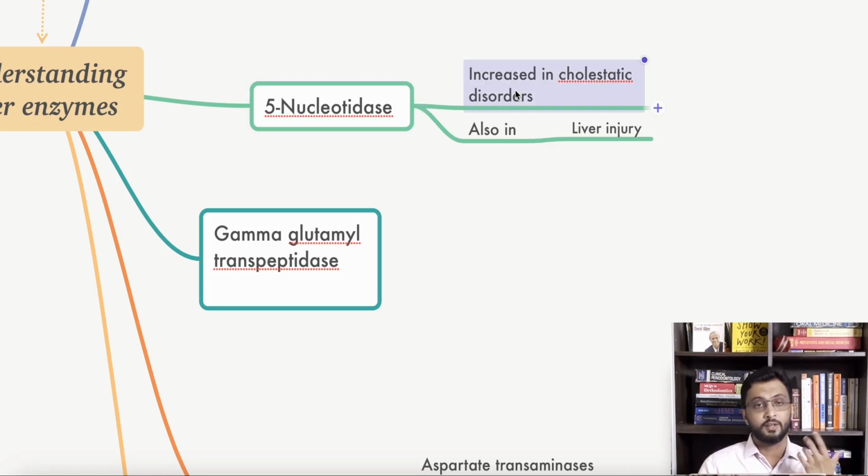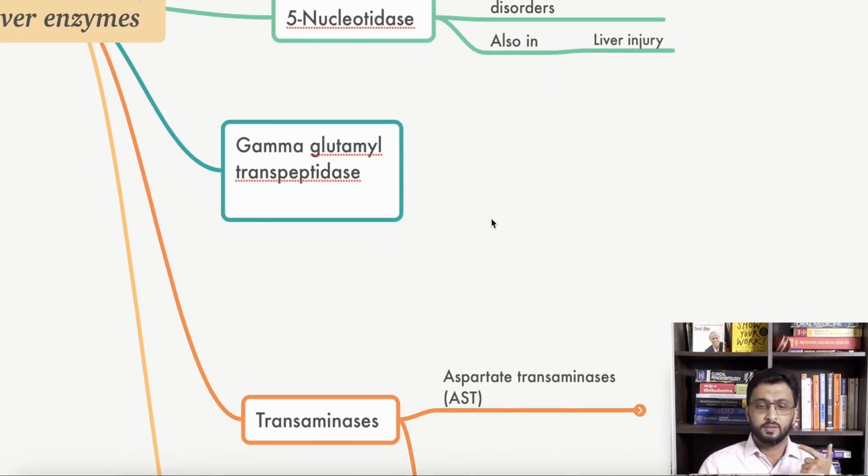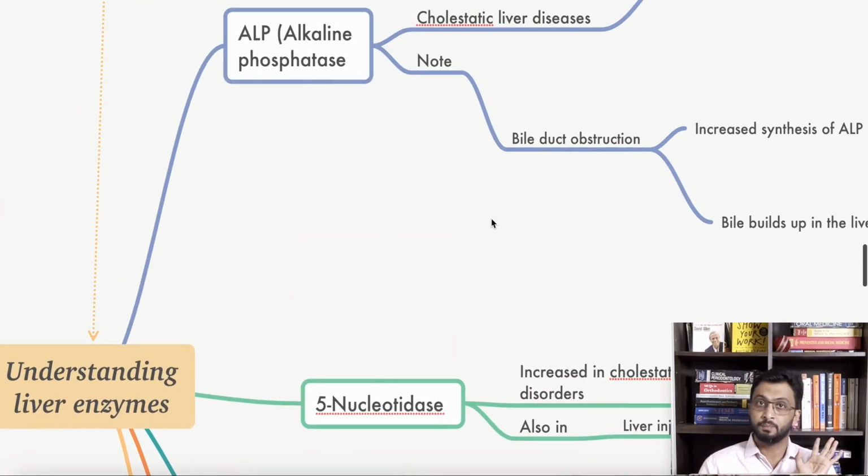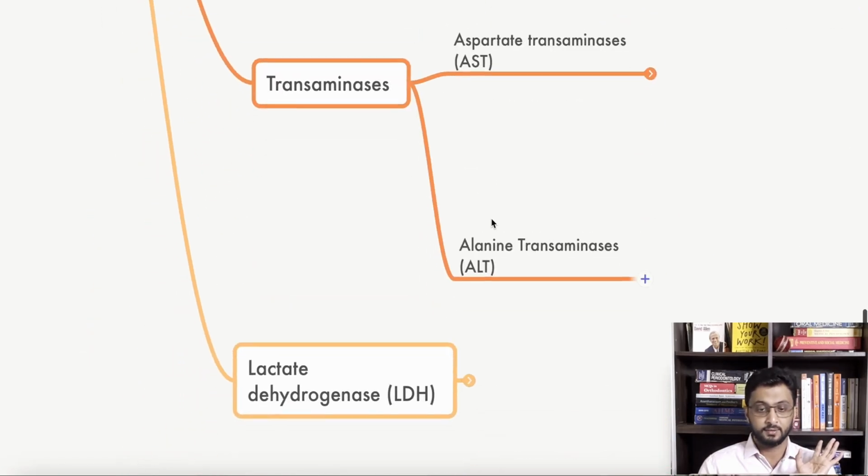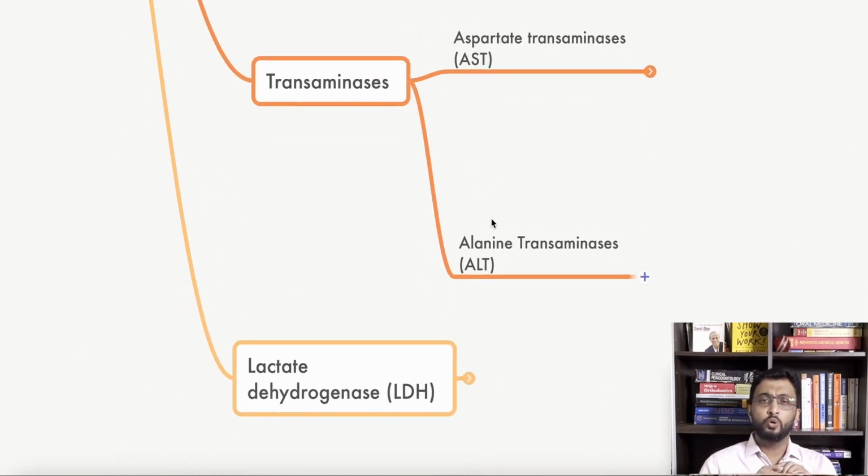It is majorly seen in cholestatic liver disease. Gamma glutamyl transpeptidase is another enzyme involved in cholestatic disease. So we studied 3 enzymes in cholestatic liver disease. Does it mean they are only seen in cholestatic liver disease? No, they can be seen in any, but majorly in cholestatic.